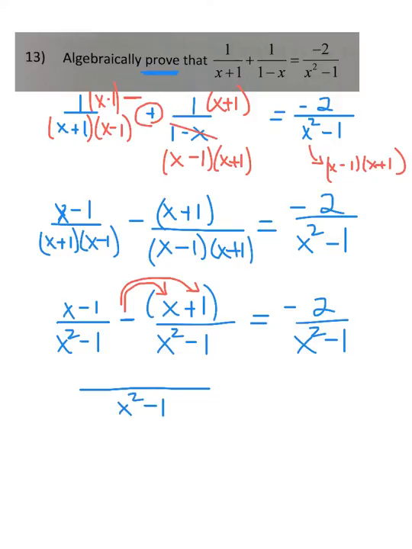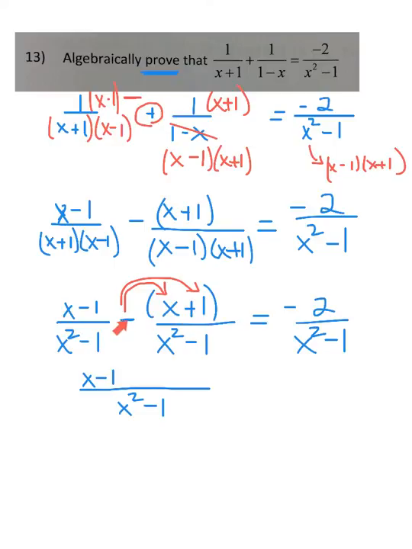Now, let's look over here. So over here I have x minus 1. So let me write that down, x minus 1. And then over here I'm going to distribute this negative through. You see that's going to give me a negative x. And then I'm going to get a minus 1. Let me say that again.